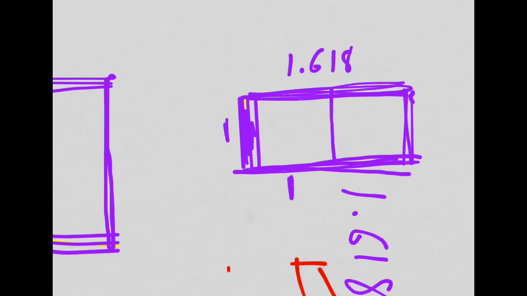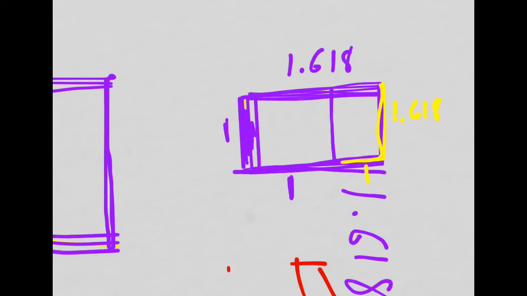And then I'm not doing a very good job with the, there we go, the golden rectangle. And then of course now the ratio of this side to this side is 1.618 to 1. And I could keep on going like this forever.